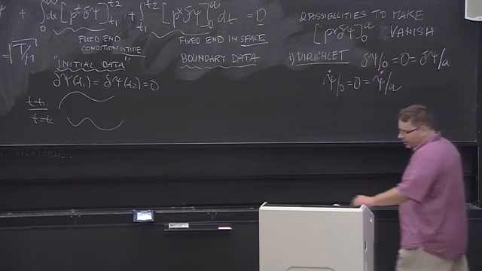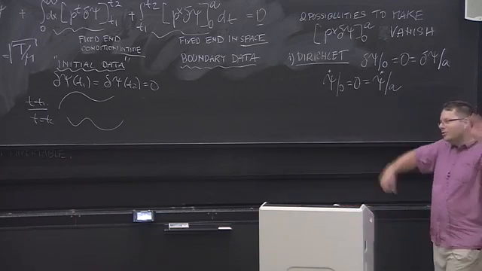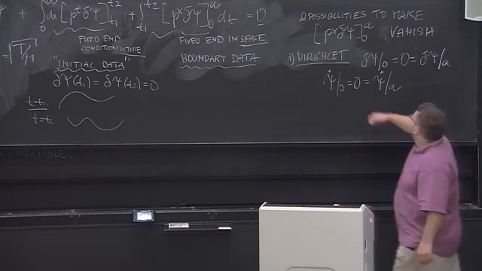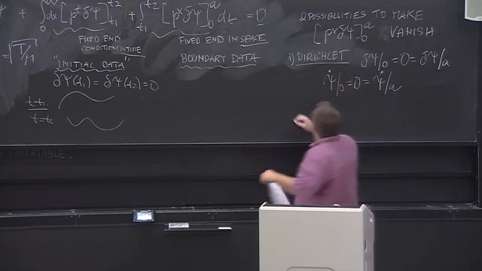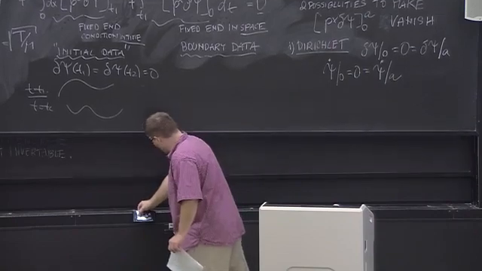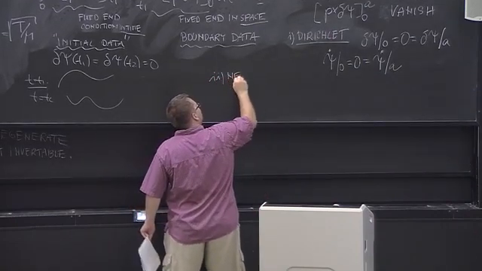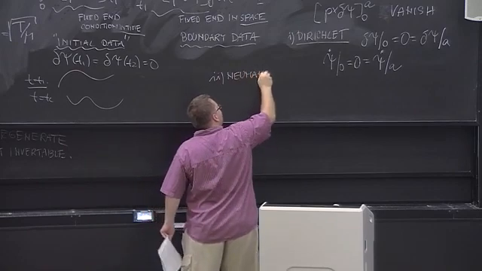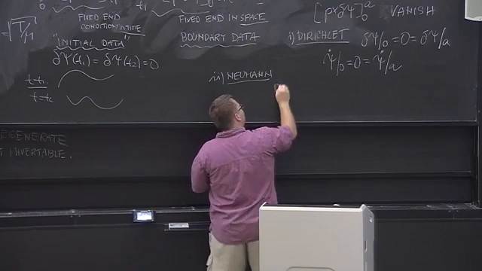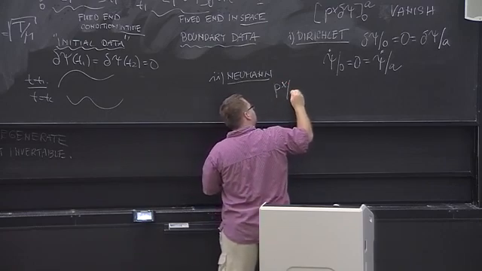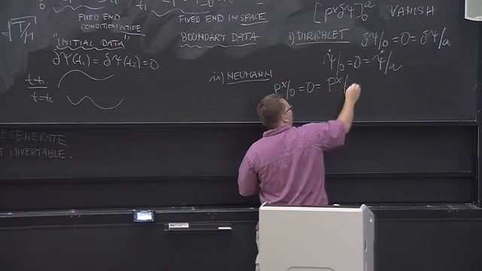So that's one possibility. The other possibility is that I say, well, I let the endpoints actually freely move, but then this guy actually has to be 0. And that's called Neumann. So number 2 is Neumann. And that requires that p_x at 0 equals 0 equals p_x at a.